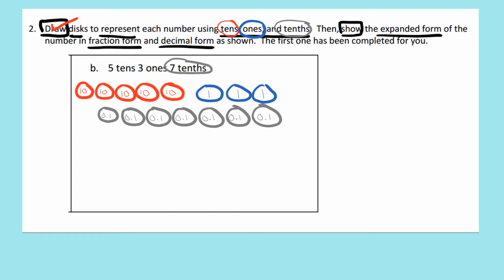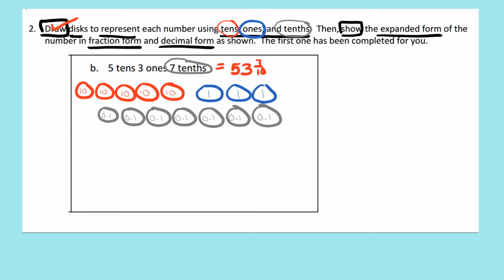First, I'm going to do fraction form. So I need this all to equal 53 and 7 tenths, or that's how we'd write it in fraction form. First things first, I need to multiply each digit by the place value it's in.